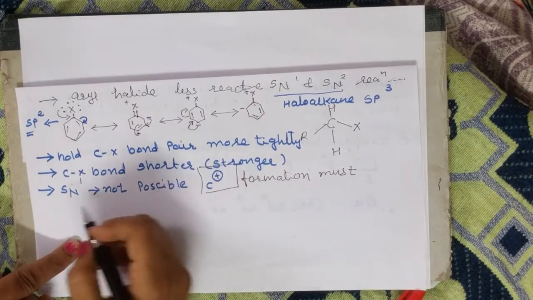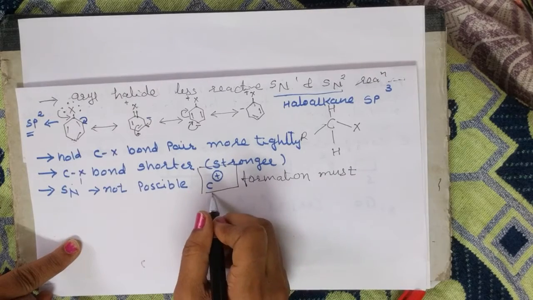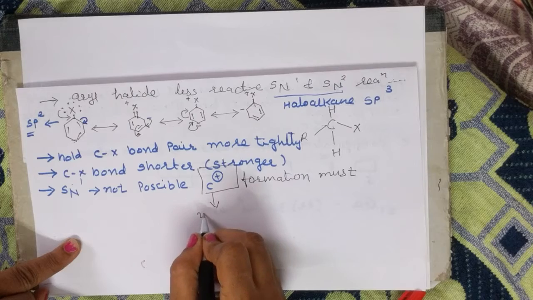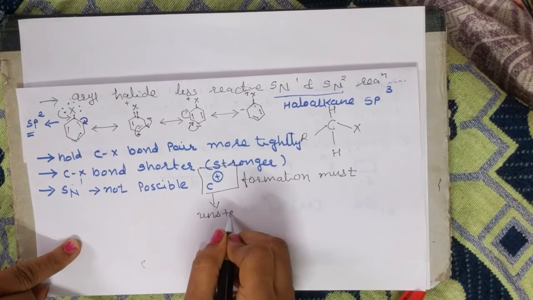And for SN1 in haloarene, this carbocation is not possible because it is very unstable.